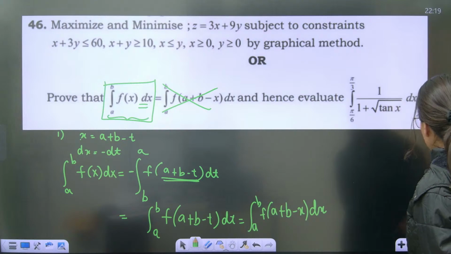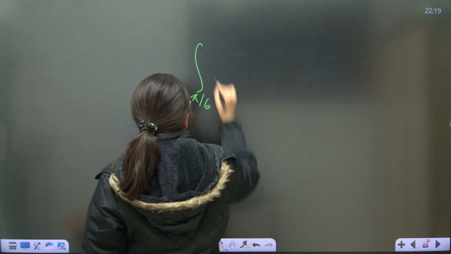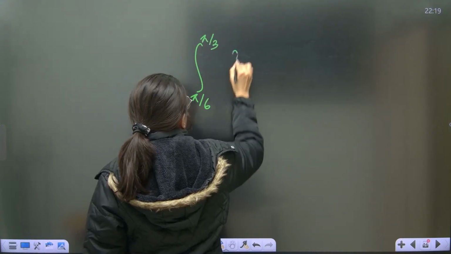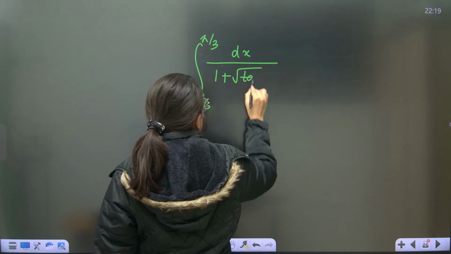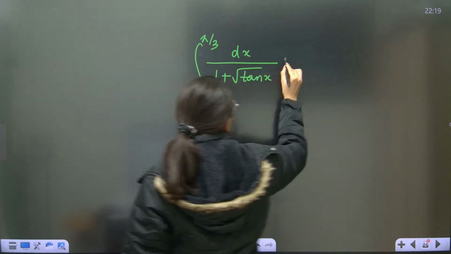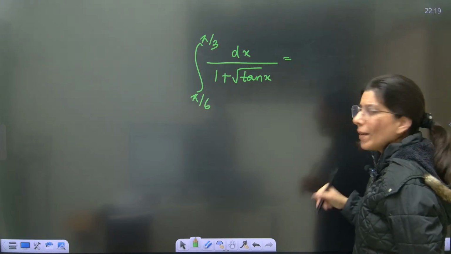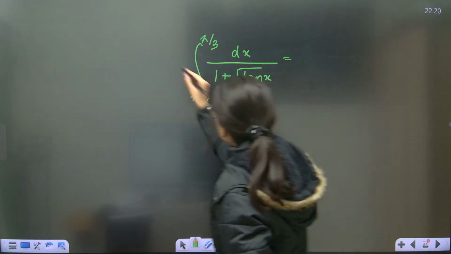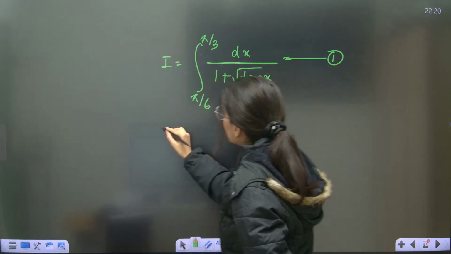And now we have to evaluate this: the integral from pi by 6 to pi by 3 of dx upon 1 plus root tan x. All right, getting it? Now apply the King's property. So this is your I and this is your equation number 1. Apply King's rule.